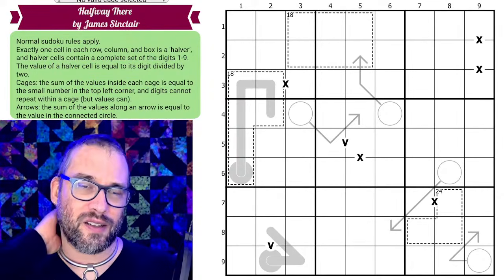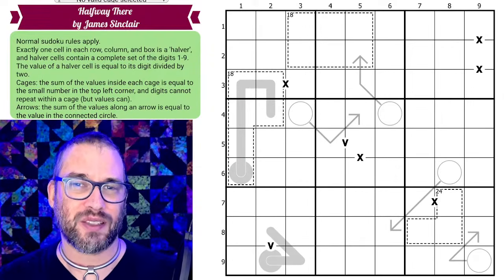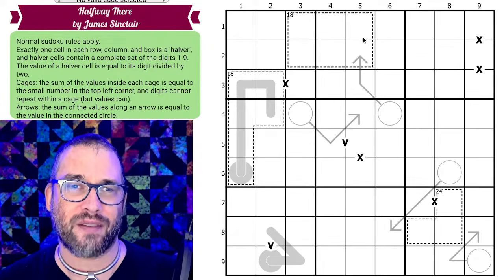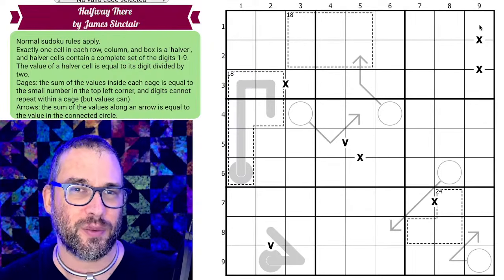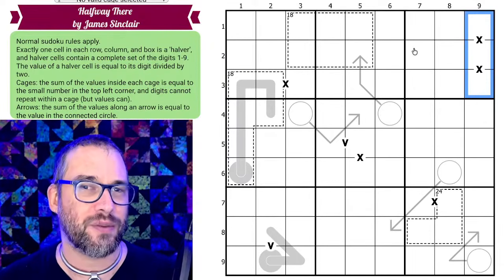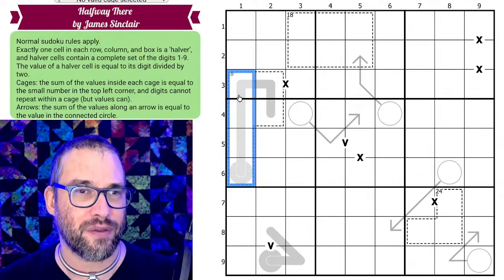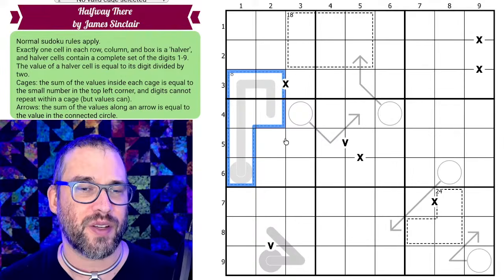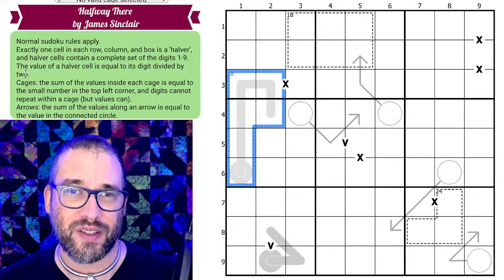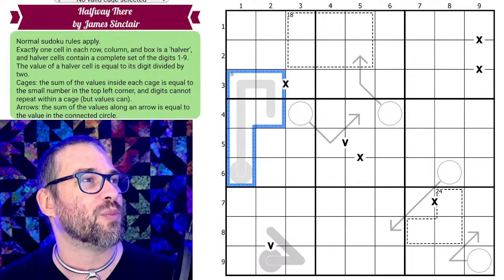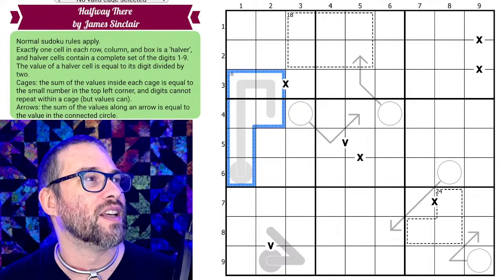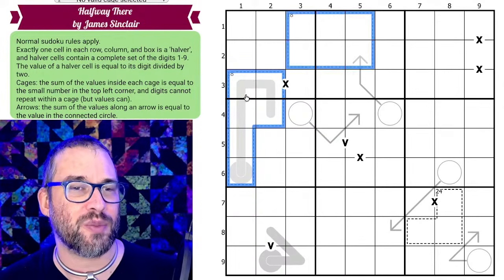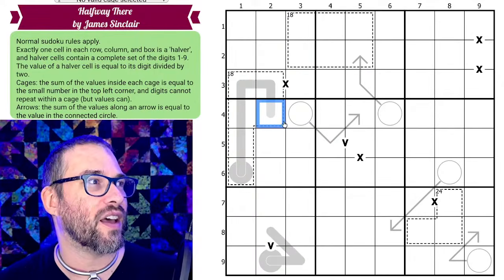Okay, in this puzzle by James Sinclair, we have a bunch of standard constraints and also halver cells, which is how we're allowed to do this. So we have thermos, values increase from the bulb to the tip. Sorry, values increase. I should be a little more precise about what's happening.